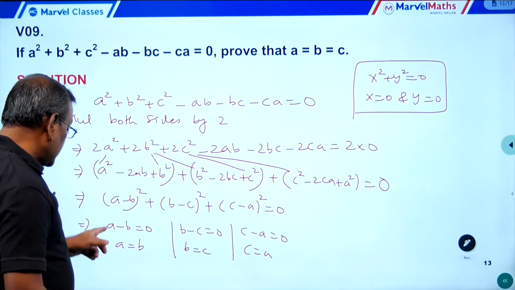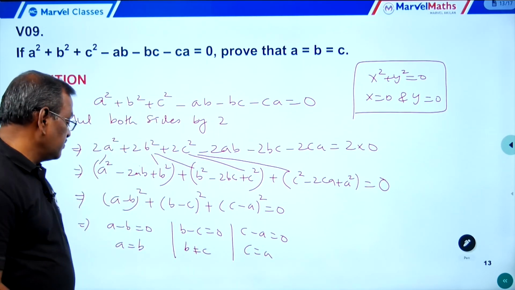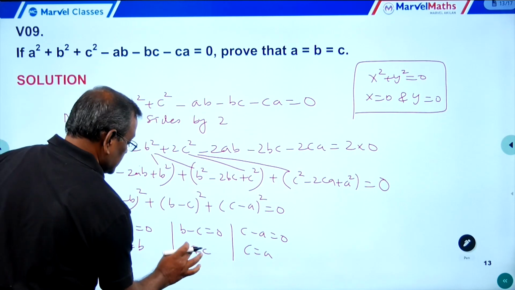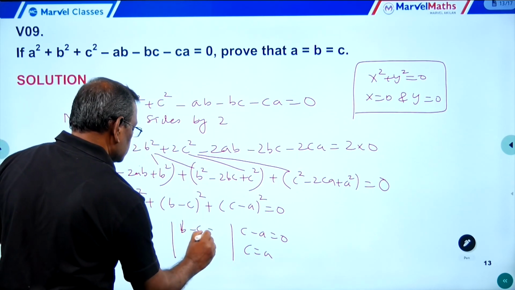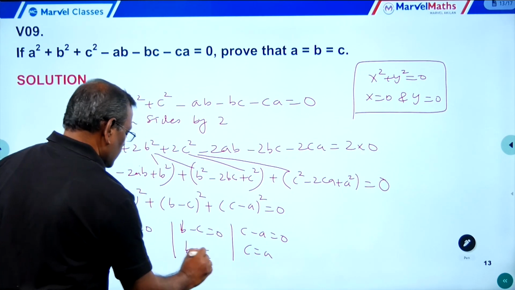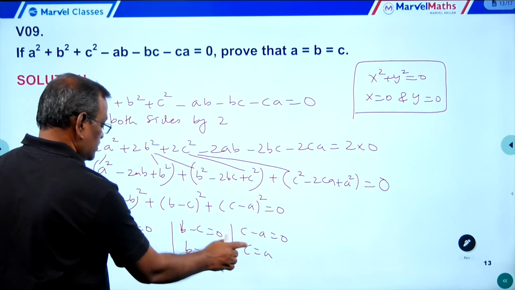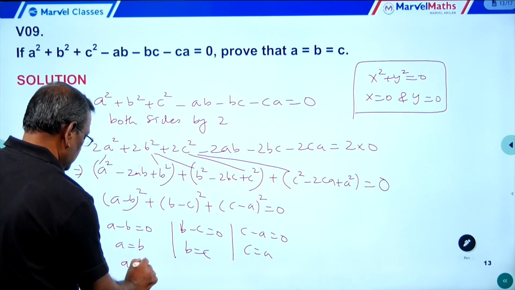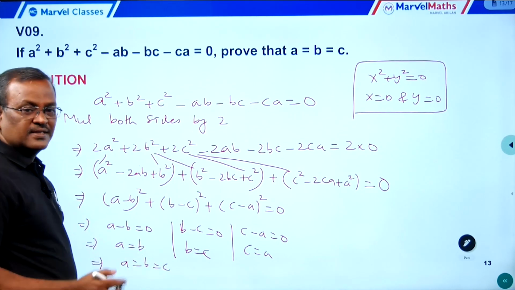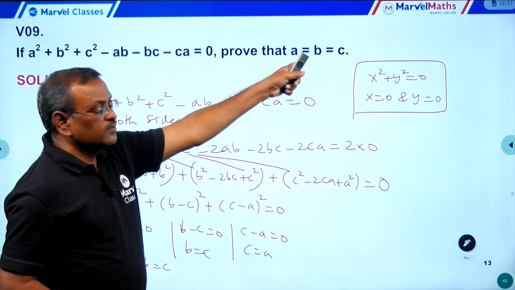Clear. If you compare a equal to b, b equal to c, c equal to a, which implies a equal to b equal to c. That's all. That is required to prove.